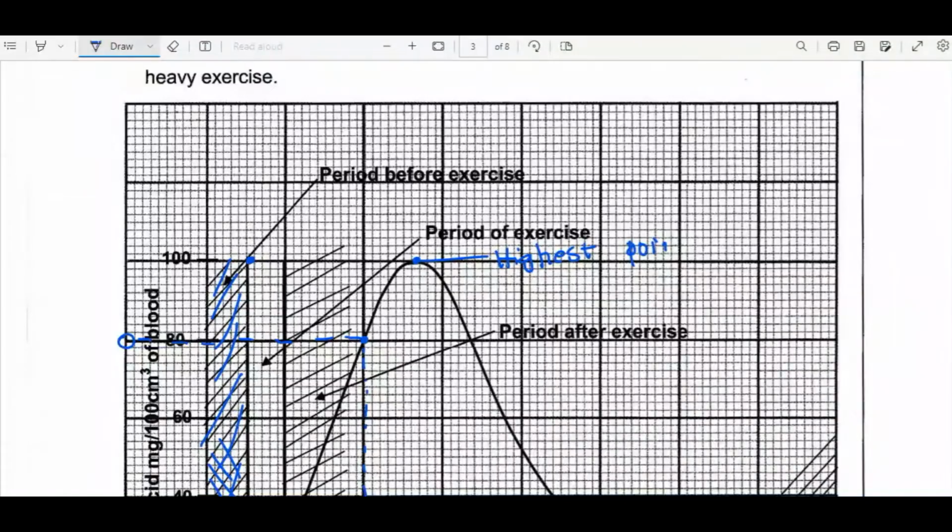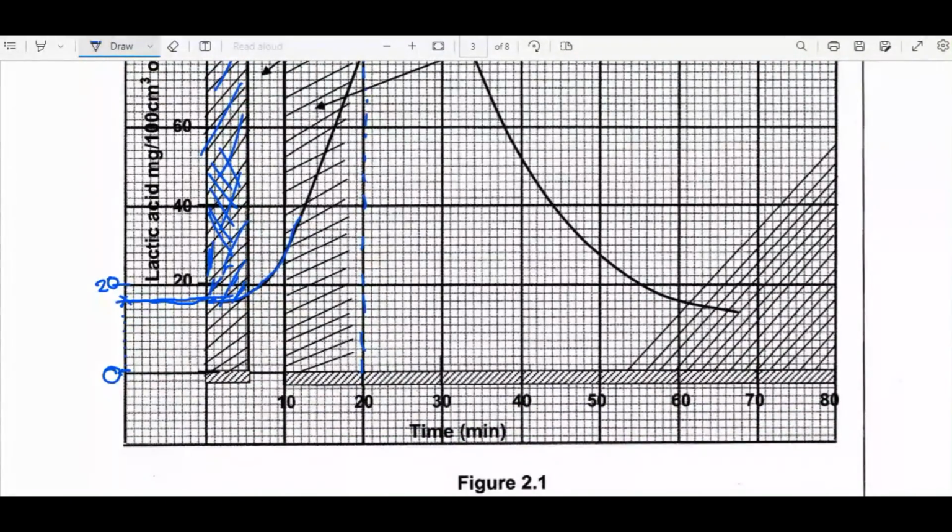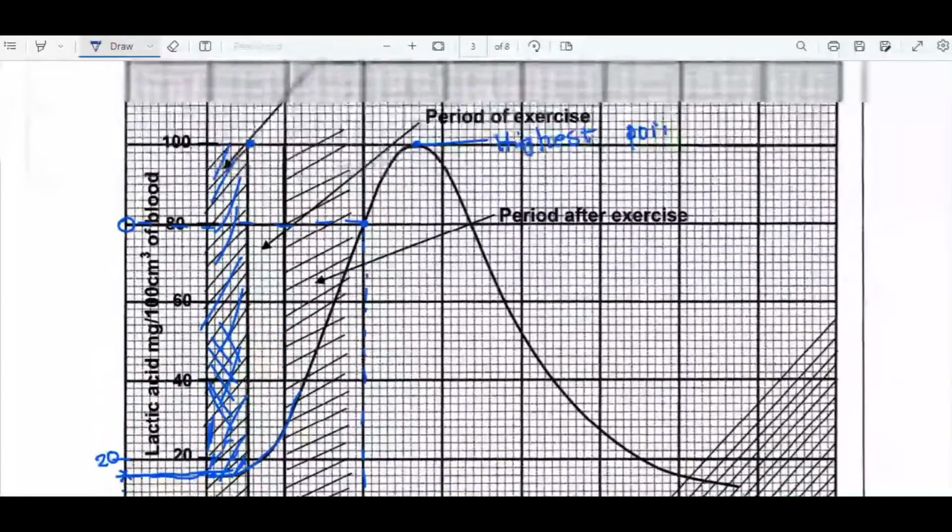Now the question is how long? So one time, it's somewhere here. If here is 0 and we have a 10 here, we can say this is in between 0 and this, so we'll say this is 5 minutes. So the beginning of the exercise was 5 minutes.